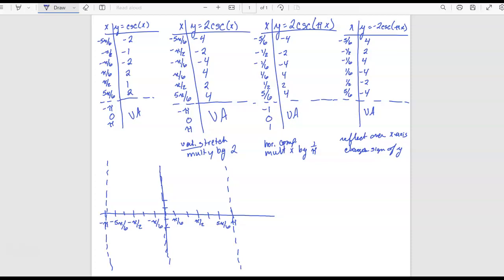So negative 5 pi over 6, negative 2, negative pi over 2, negative 1, pi over 6, negative 2. So there's that U. And then pi over 6, 2, pi over 2, 1, 5 pi over 6, 2. And then we have this kind of thing there.